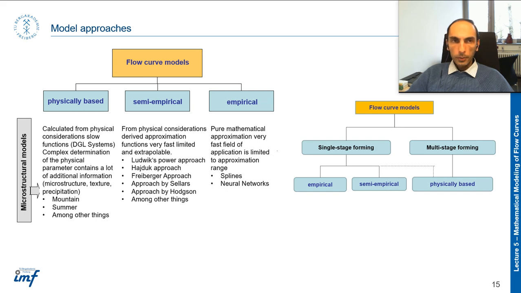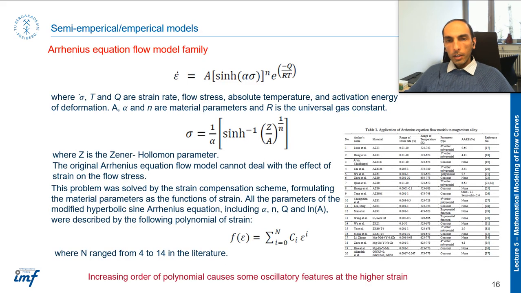Okay, so from now on we focus on the semi-empirical models, because in the case of physical models, I think Mr. Gayoum will talk about it a little more later in a separate lecture. The common models are the semi-empirical models, and we can categorize them in four major categories. The first category is the Arrhenius equation flow model family.